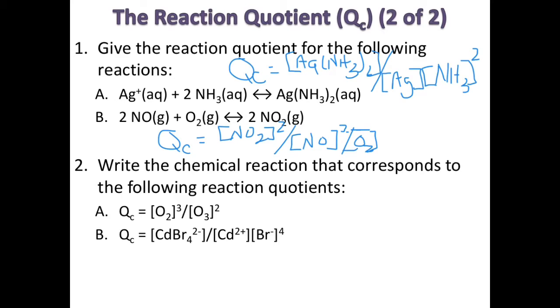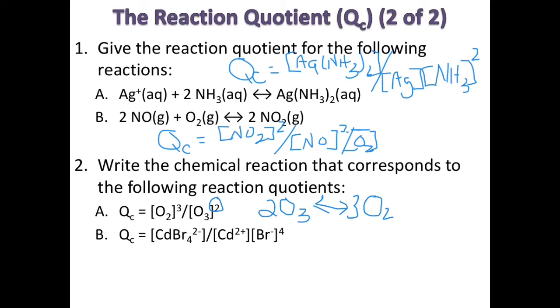In the bottom half of this slide, we can use the quotient to write a reaction. In this case, we have oxygen and ozone. The reactant is in the denominator, so we have O3, and the exponent 2 gives us the stoichiometric coefficient, and that is in equilibrium with O2, which is in the numerator, and the coefficient there is 3 from the exponent 3.